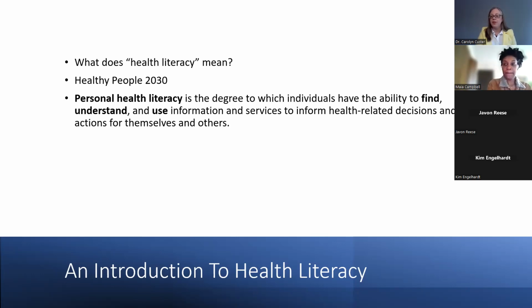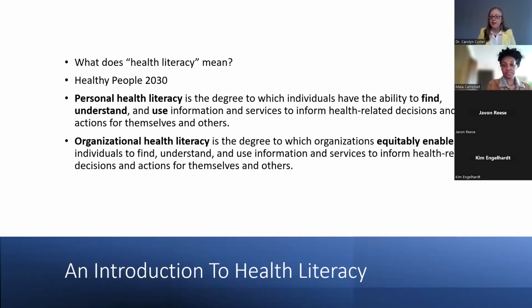But what Healthy People 2030 did was they added an additional component, which was a gap that it was missing, which is organizational health literacy. So Javon, just like you were saying, it's our ability to equitably enable individuals to find and use the information and inform their own healthcare and empower their lives. So it's not just about improving the consumer, it's about improving all throughout the organization.